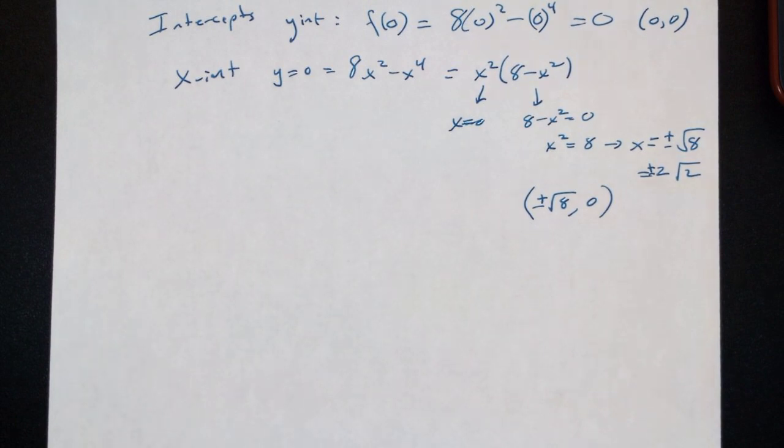What about asymptotes? Because those were the other things that were listed in my things I can find from f. Either symmetry or asymptotes.